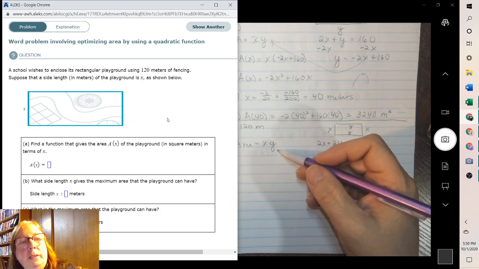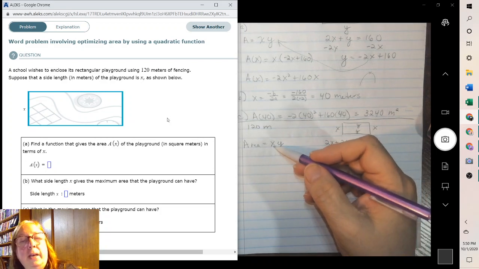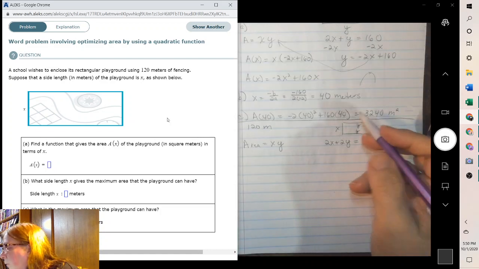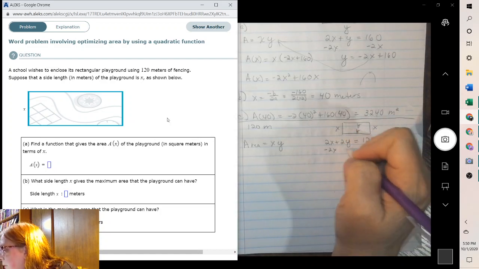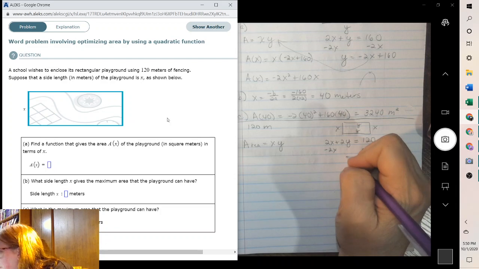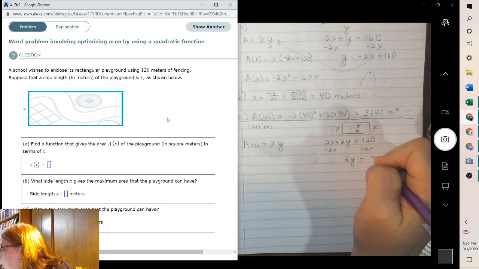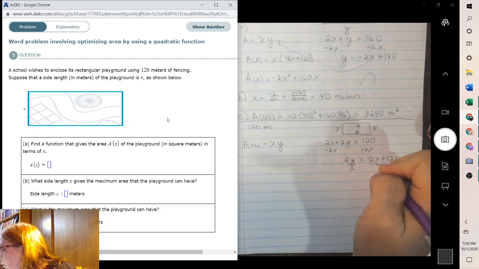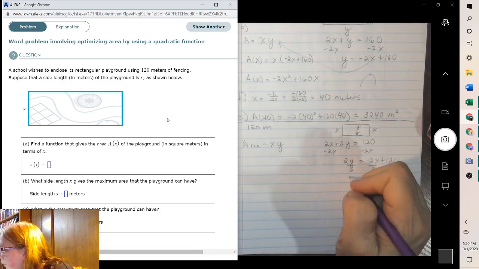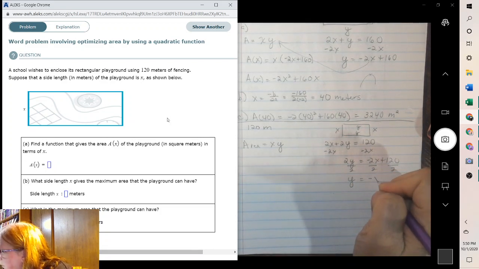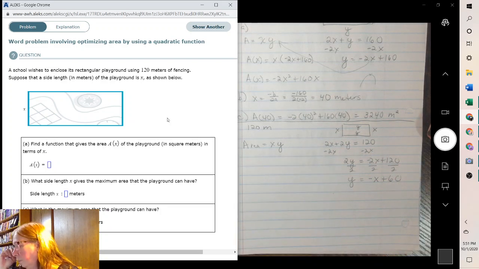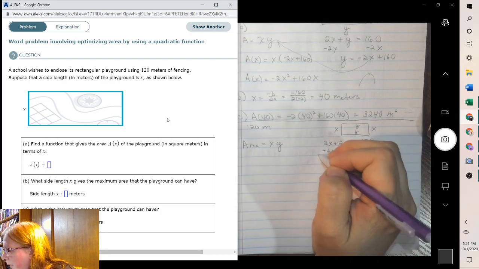Now we want to put it in terms of just x, so we need to solve for y to get rid of it. So solving for y, subtract the 2x. And then divide everything by 2. So we have y equals a negative x plus 60. Then we can plug that in here.